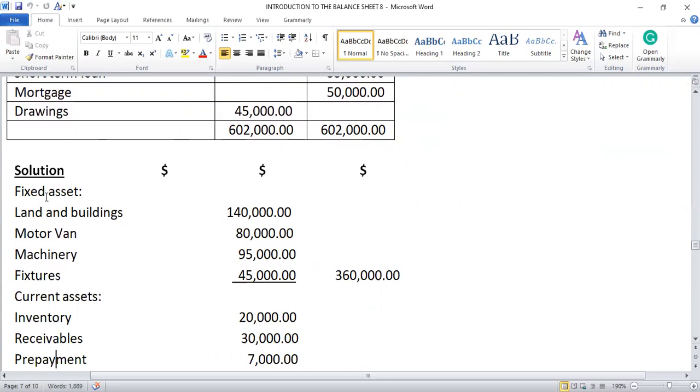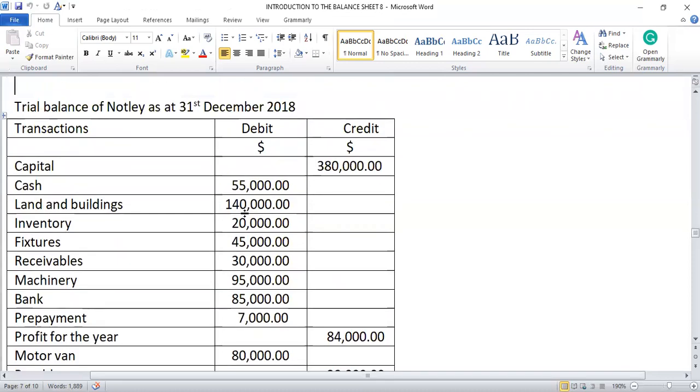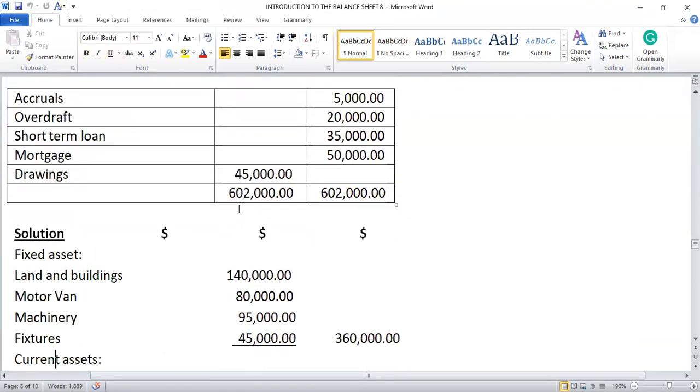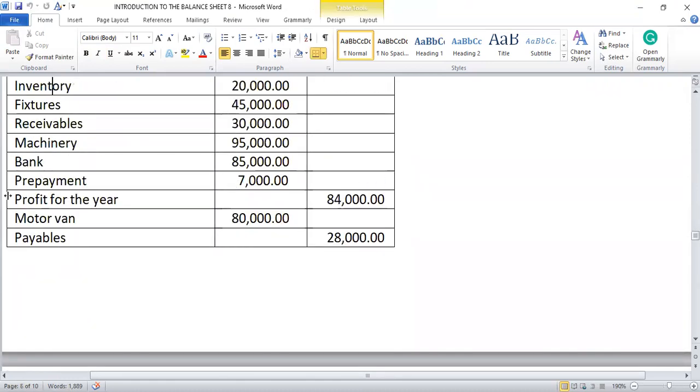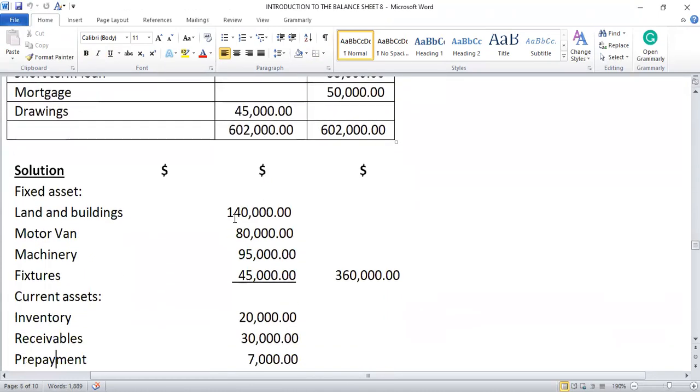So the final solution, fixed assets, land and buildings, $140,000. We have our land and buildings, $140,000. Motor van, $80,000.